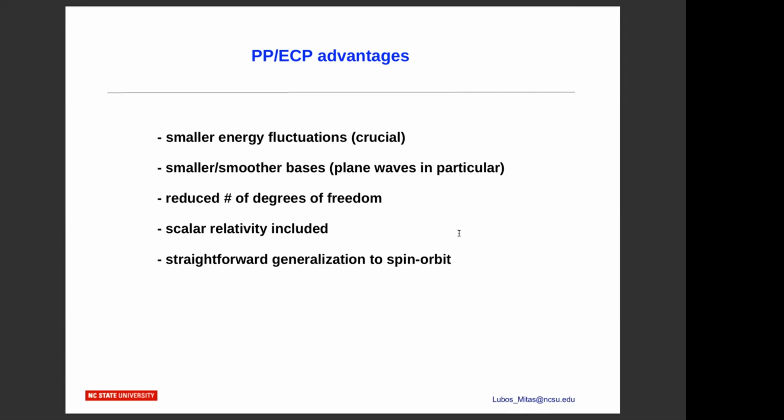Thanks, Lubos. So I don't see any other questions yet, but I do have one of my own. People have asked about this in some of the previous weeks. As you explained, in quantum Monte Carlo, and also quantum chemistry, we use the semi-local form of effective core potentials, so one projector per angular momentum channel, in effect.